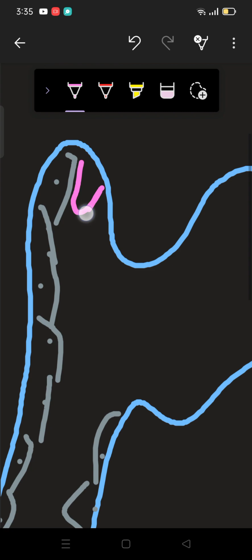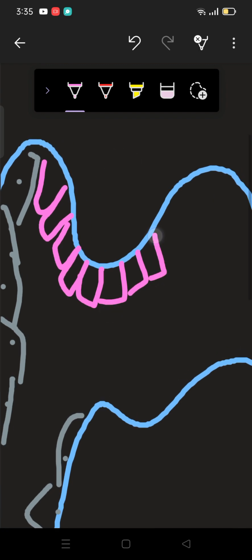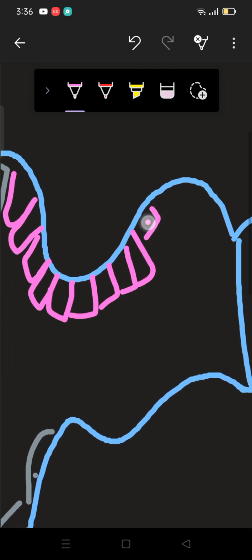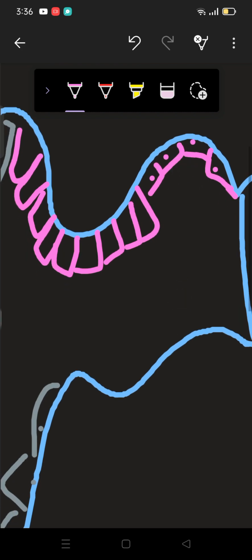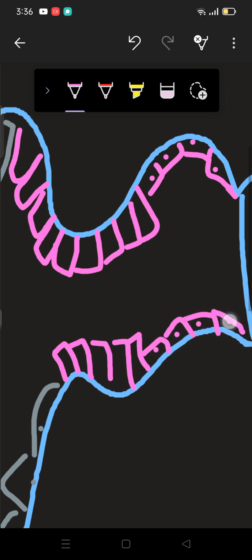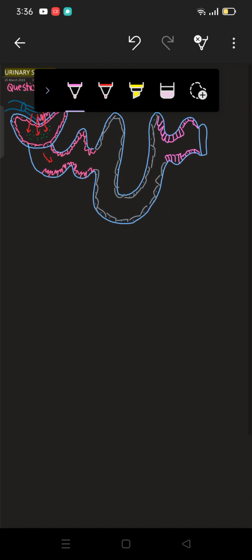These are big ones, the modified version. Then again here we have simple cuboidal epithelium. Alright, these are the cells of the nephron.